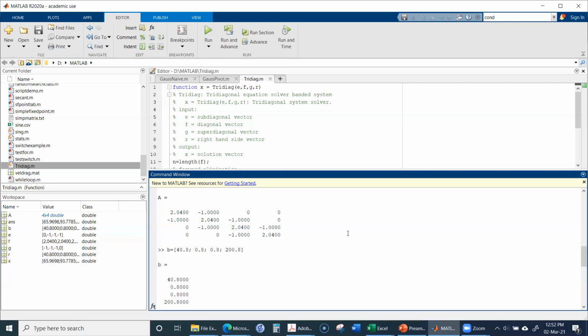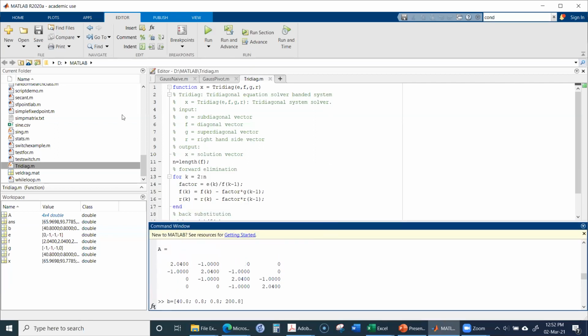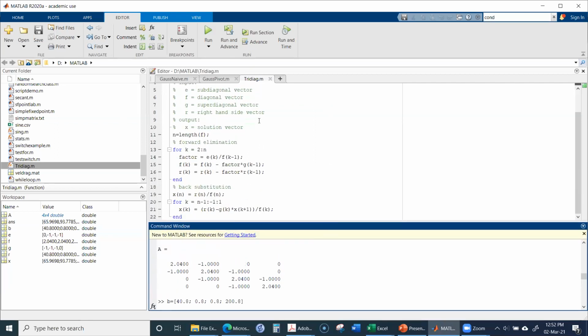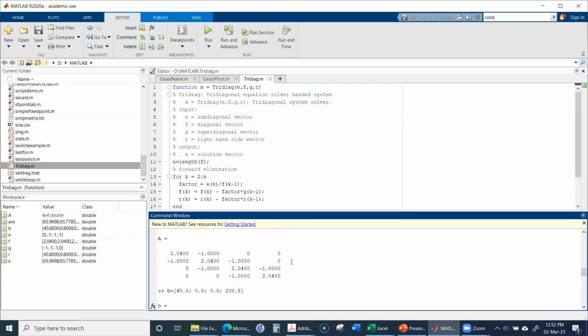The answer will be the same, but the effort required will be much less. So this was the algorithm for the tridiagonal matrix, in which we can find the values of E, F, and G.